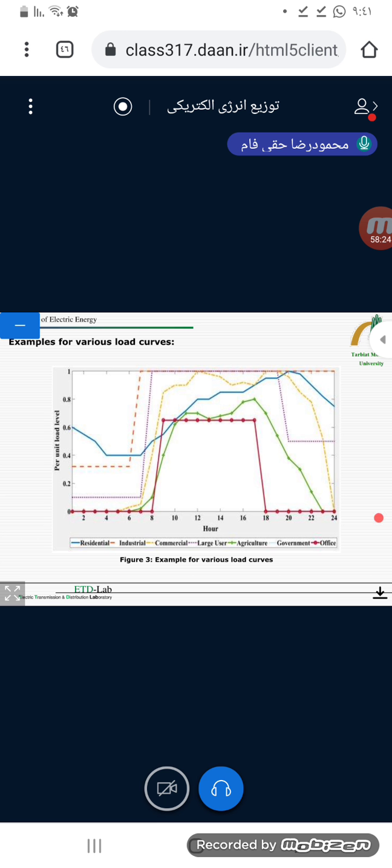It is a typical load curve with various loads such as residential, industrial, commercial, large user, agricultural, governmental, and office. Okay.